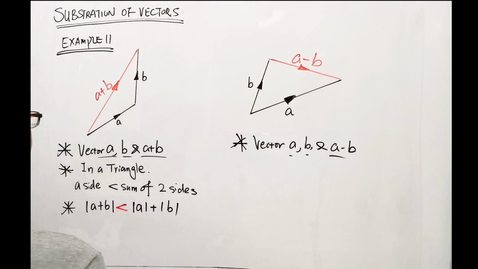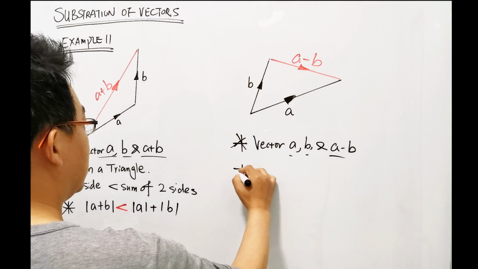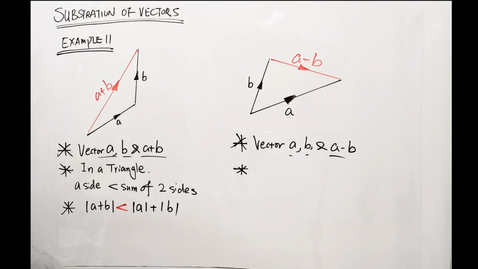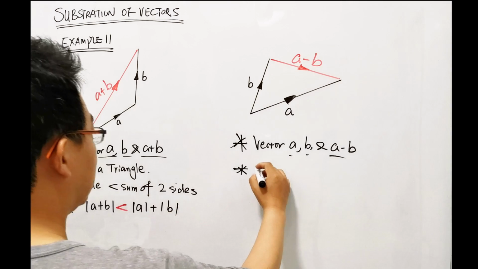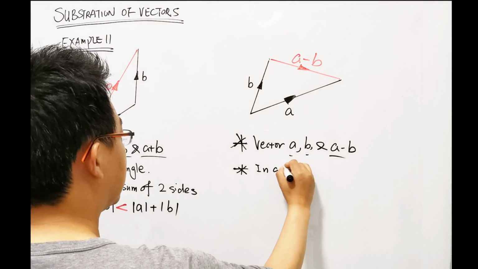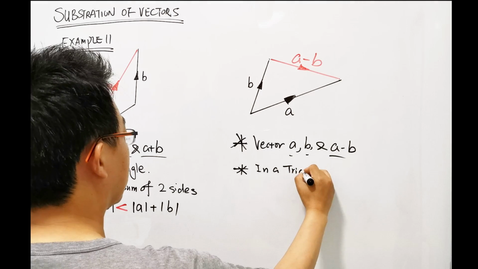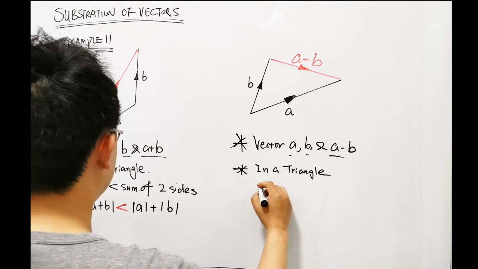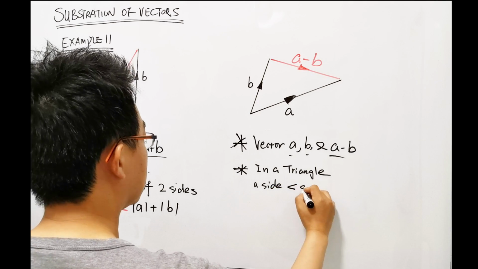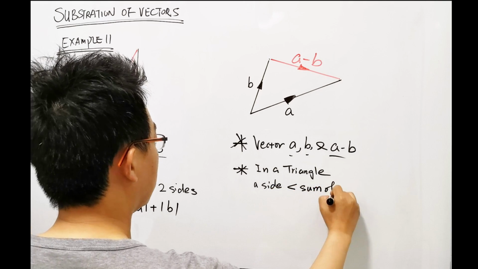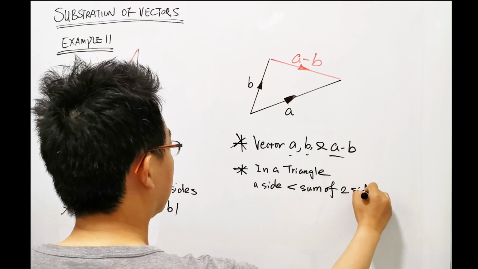So we have these three vectors. From these vectors, we can also see that in the triangle, the same concept applies: a side must always be less than the sum of the other two sides, right?